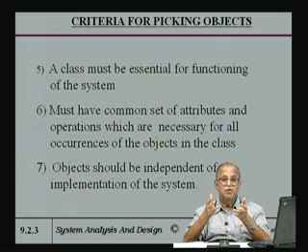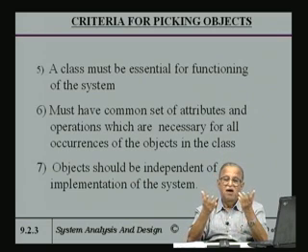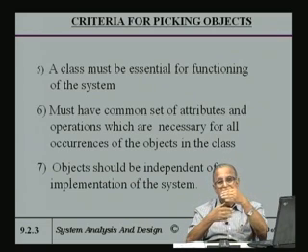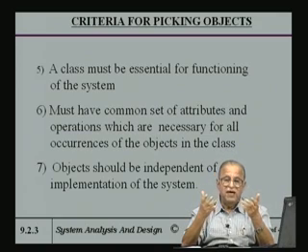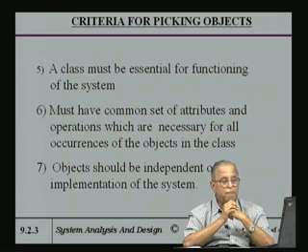If we lose its attribute or state, then the system will not work. It must have a common set of attributes and operations which are necessary for all occurrences of the object in the class. Because the point is obvious, all objects together form an object class. So every object must have attributes that are common to the object class.